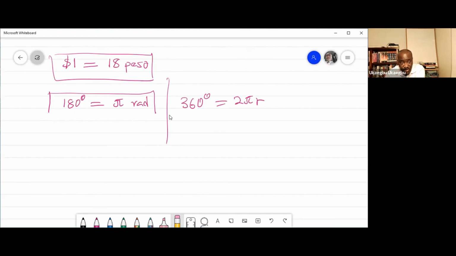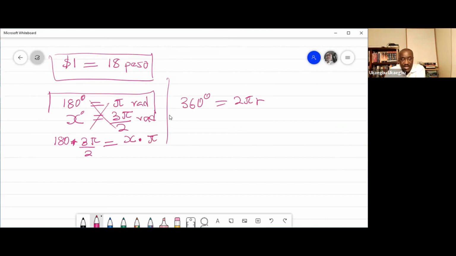Once you set it up, you are looking for degree. So the next thing you should do is write x, the unknown degree which you are seeking, is equal to the one provided to you, which is 3 pi over 2 radian. Now this is where you cross multiply. 180 multiplied by 3 pi over 2 is equal to x multiplied by pi.